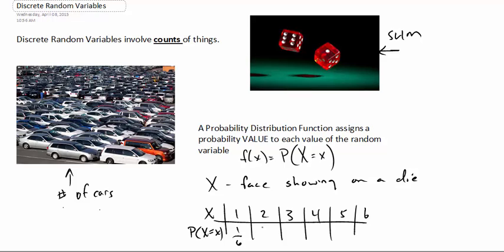The probability that X equals 2 is 1/6. 3 is 1/6. 4 is 1/6. 5 is 1/6. And 6 is also 1/6. This table is an example of how we would show a probability distribution function for a discrete random variable.